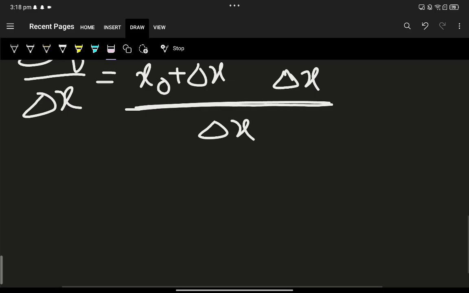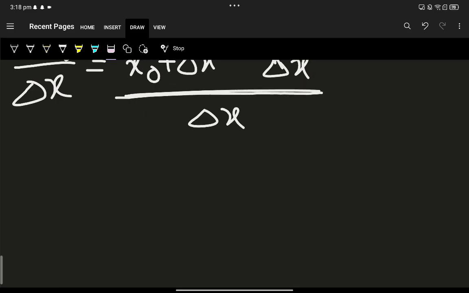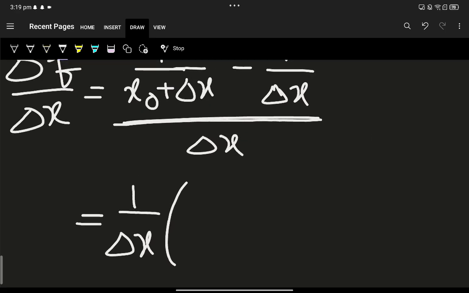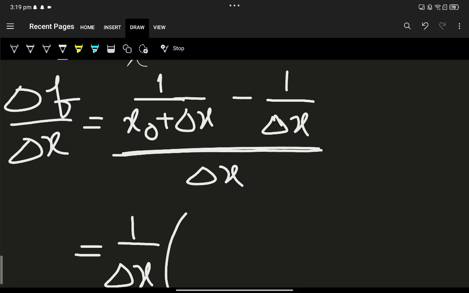I'll continue writing this here. I can pull out the numerators as 1 by x, 1 by delta x, and I can combine them over a common denominator. For this there's something called cross multiplication, if you know it.